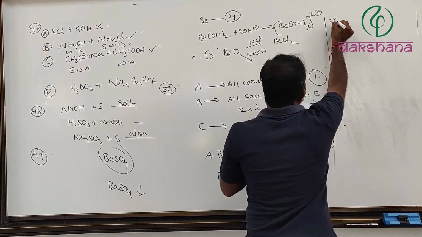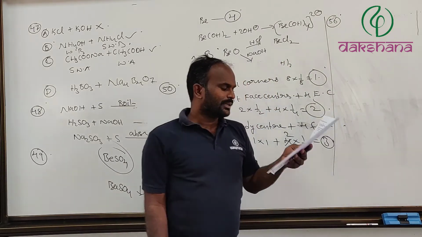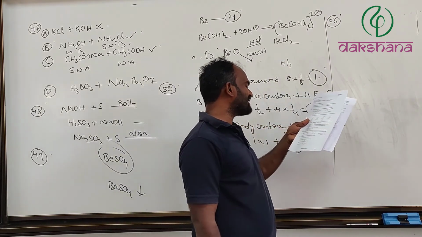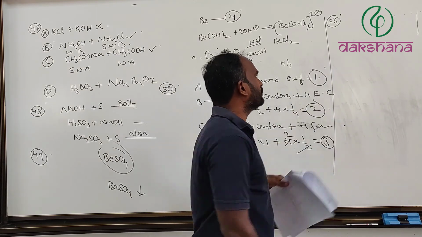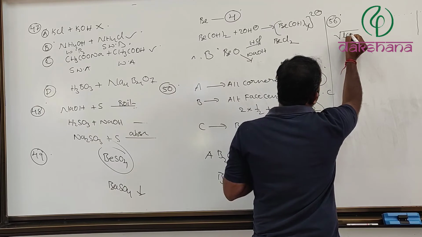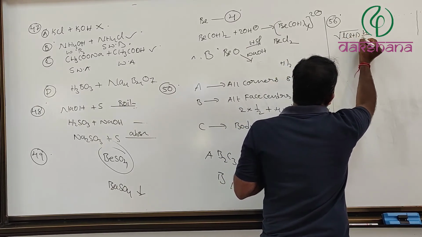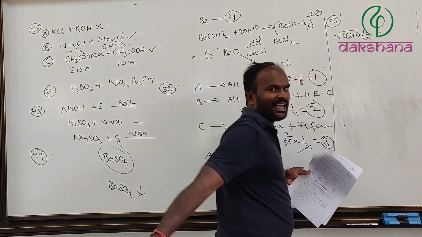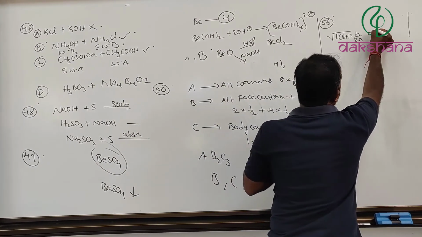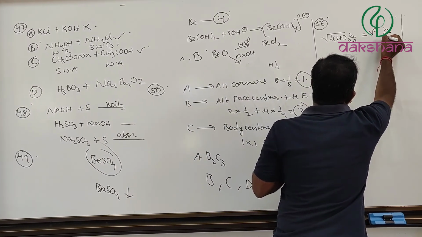When it comes to the single digit questions, question number 56. In this question, they have given orbital angular momentum. Orbital angular momentum is square root of L into L plus 1 times h divided by 2 pi. This value is given as root 3 h divided by pi.